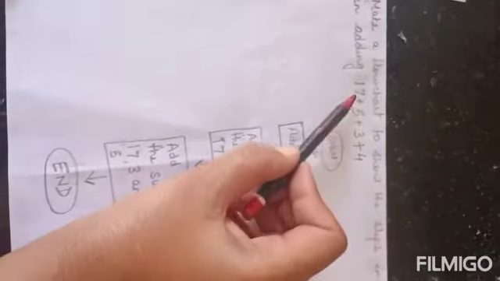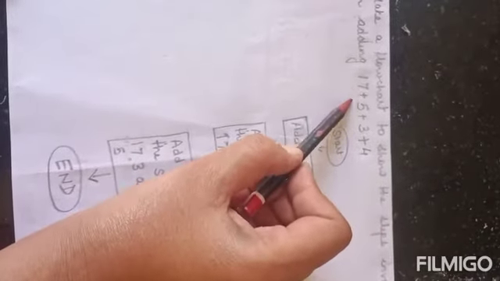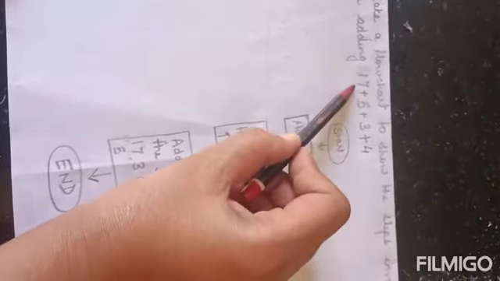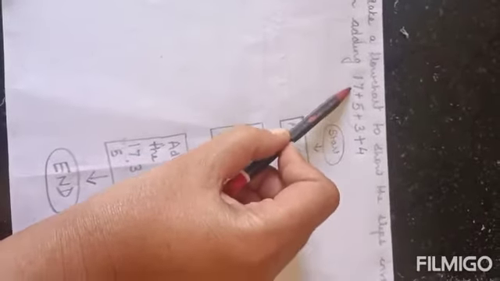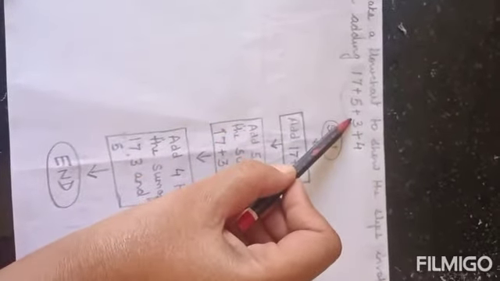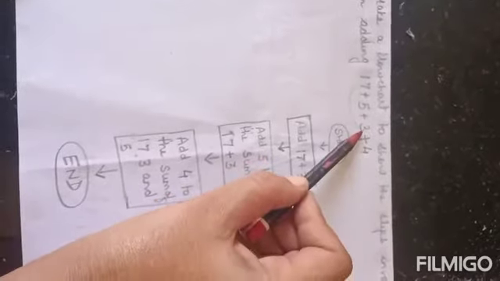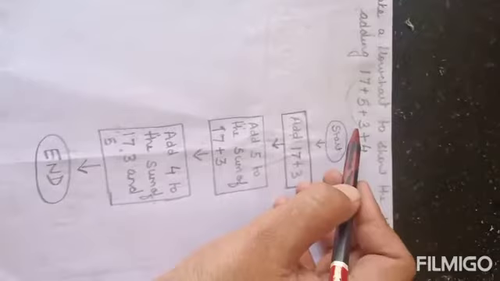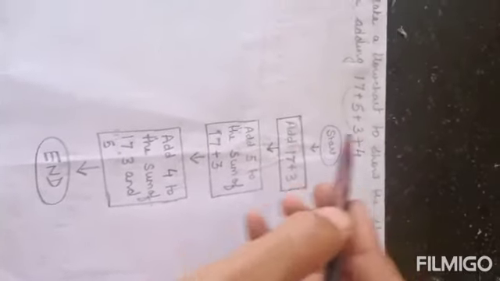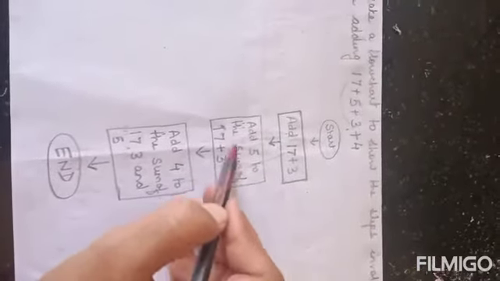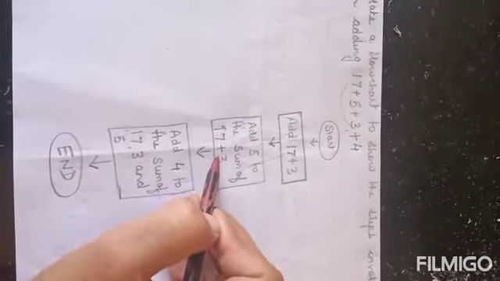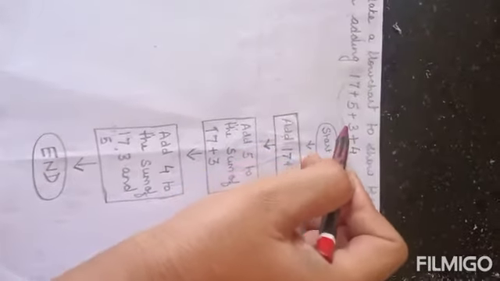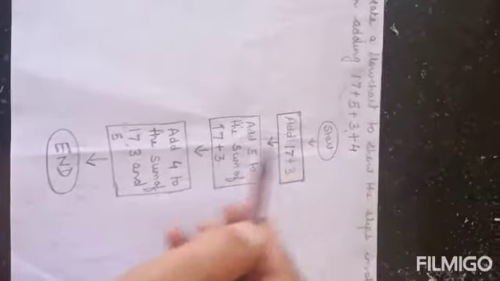What will we do first? What are the steps? The first step is to look for the pair of numbers which make 10 or a multiple of 10. So 17 plus 3 makes 20, right? It's a multiple of 10. So add 17 plus 3. That's the first thing we should do. And then add 5 to the sum of 17 plus 3. The sum of 17 plus 3 is 20 and we'll add 5 to it.